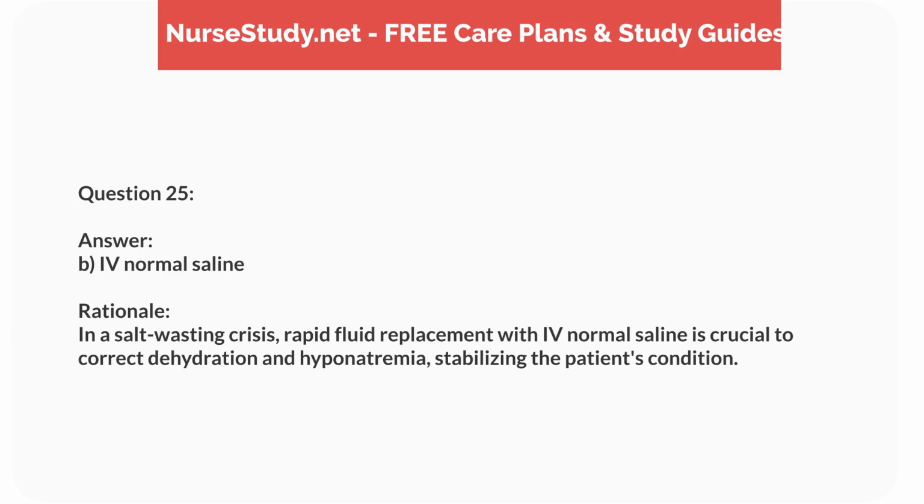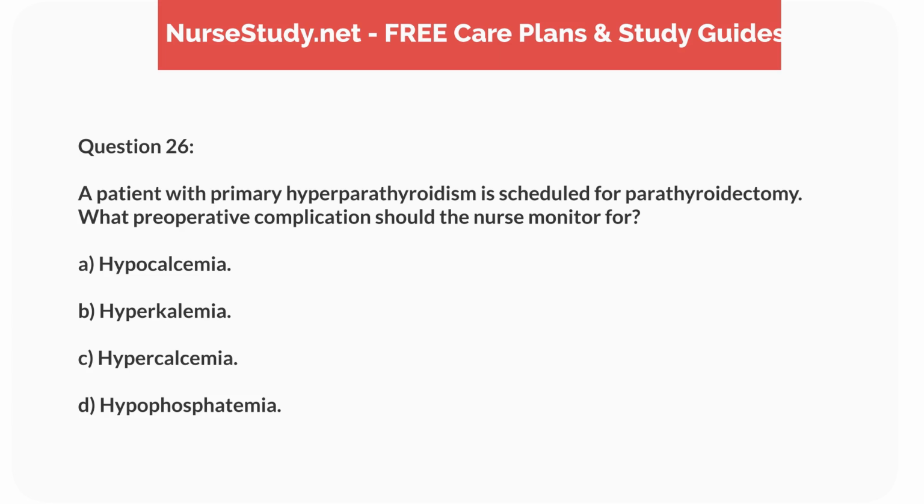Question 26. A patient with primary hyperparathyroidism is scheduled for parathyroidectomy. What preoperative complication should the nurse monitor for? A. Hypocalcemia. B. Hypercalemia. C. Hypercalcemia.